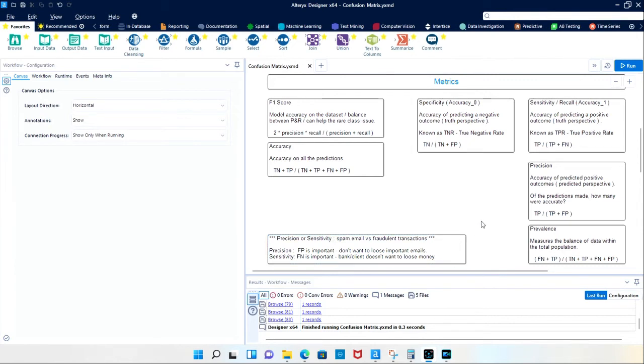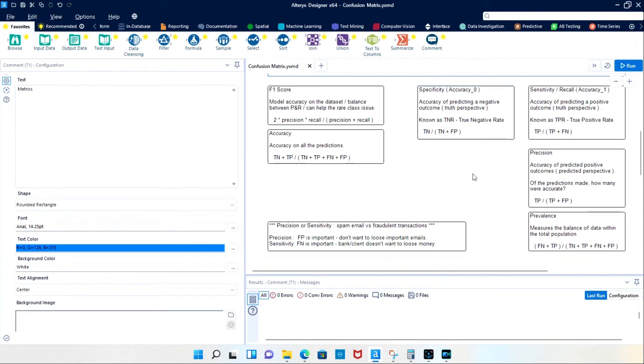And then conversely, sensitivity, false negative, is important because a bank or a client doesn't want to lose money. So depending on a situation, we may want to focus on precision or sensitivity and kind of move away from accuracy, because accuracy may not always tell the whole story. It may not be the important thing to model.